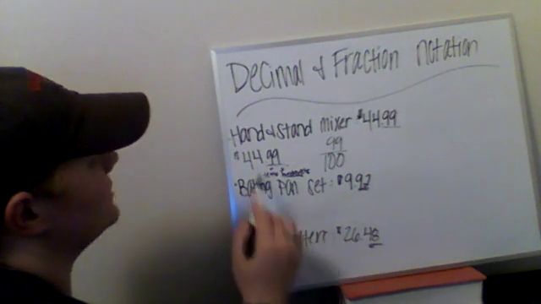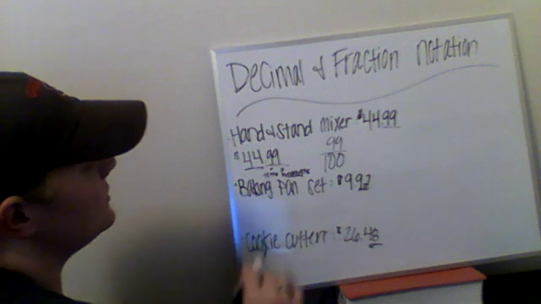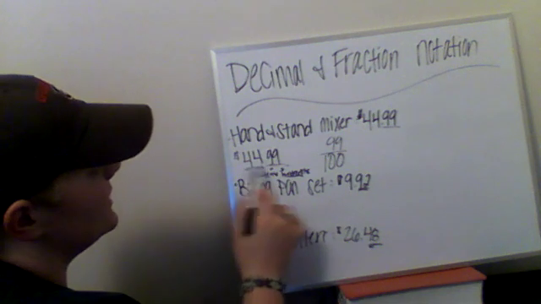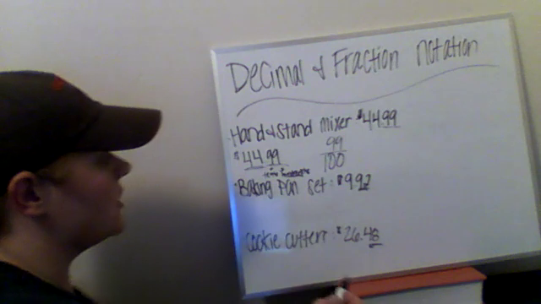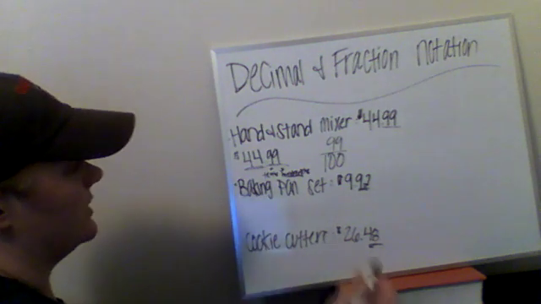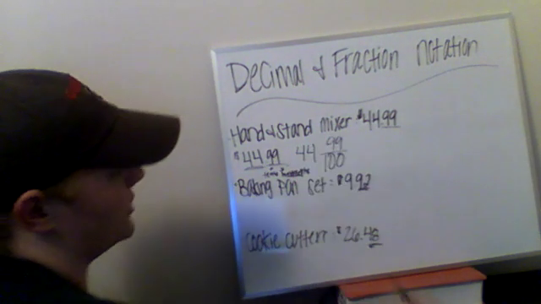Now I need to figure out what to do with this 44. If you look right here at our price, this 44 is the whole number of our price. So the easiest way is just to put your 44 out to the left of your fraction.